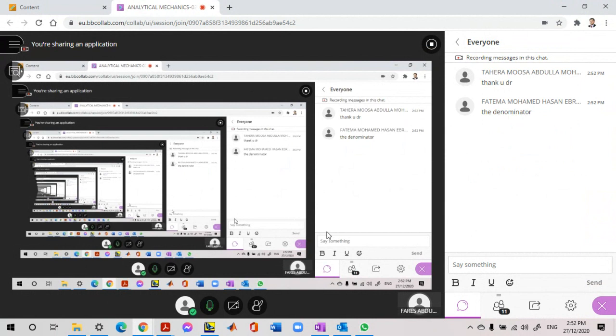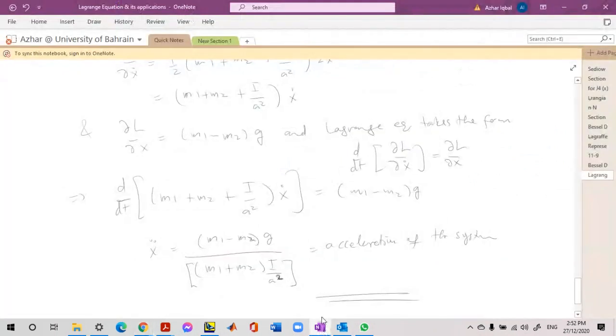Right. The denominator is I over a square. So it is m1 minus m2 times g divided by this whole thing, which is m1 plus m2 plus I over a square.